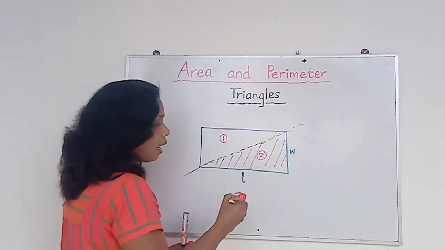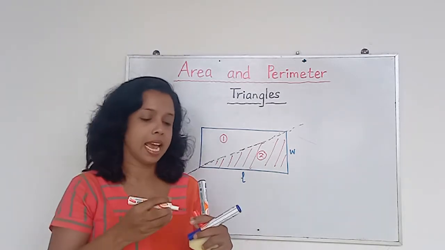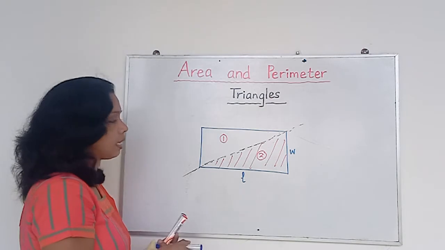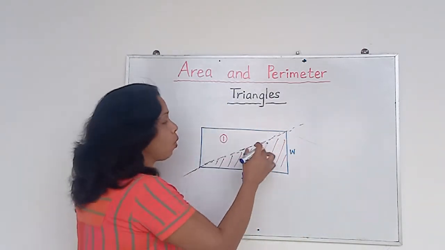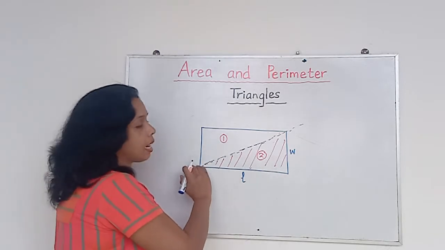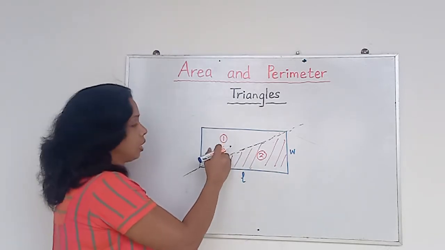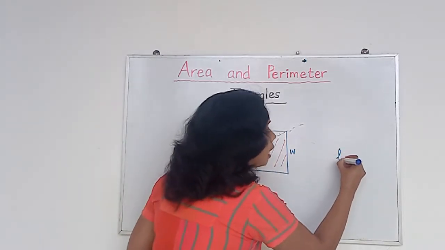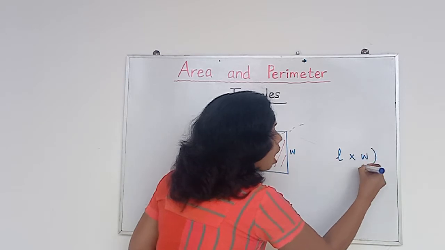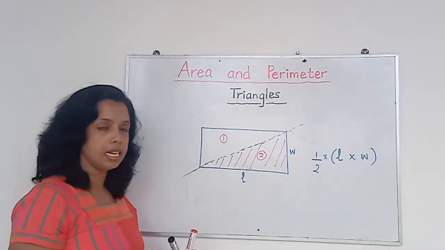It is half of the area of a rectangle, right? So I'll write it like this. After allocating some space for my house construction, the space I want to cover is exactly half of the full area, right?